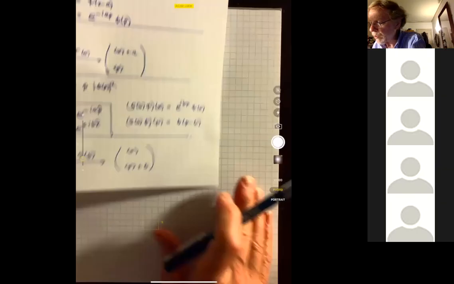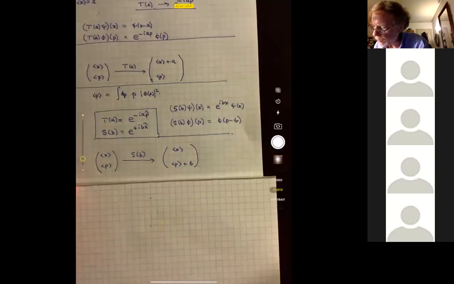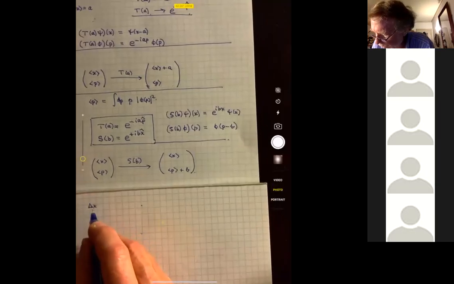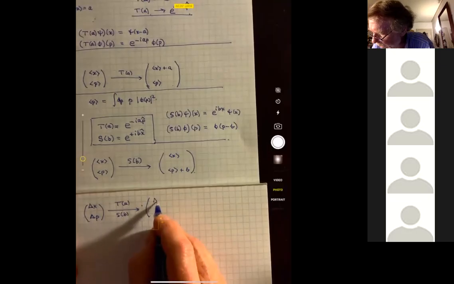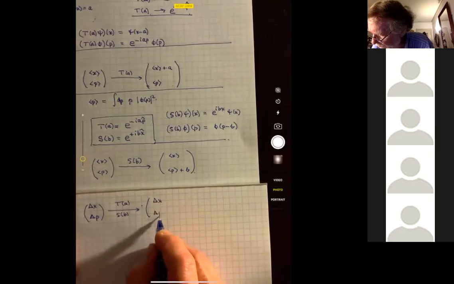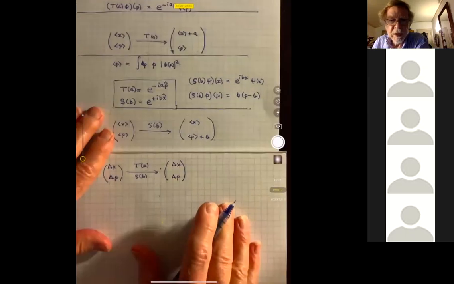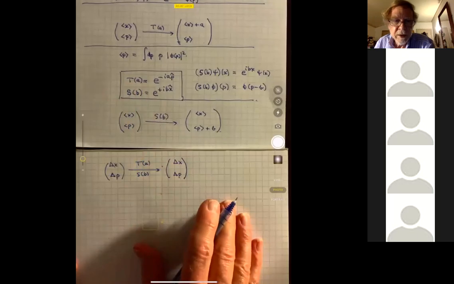What about the dispersions? A coherent state is supposed to have these balanced minimum dispersions. If I have the dispersions delta X and delta P like this, and I apply either a T of A or an S of B, what you find is that they don't change, they go into themselves. I'm not going to prove this, but let me give a plausibility argument.